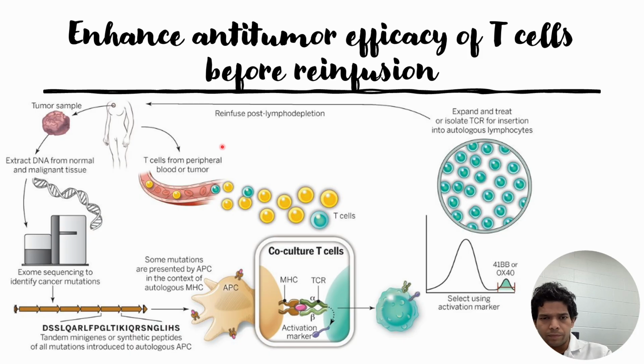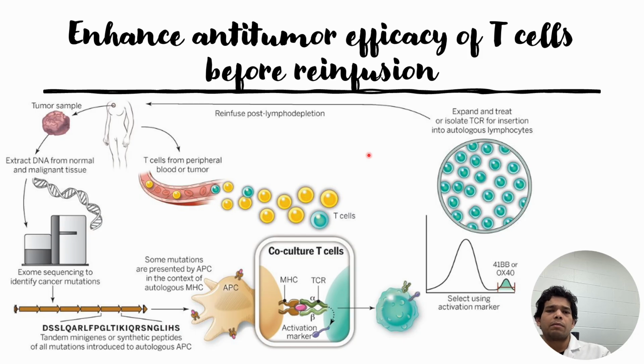So this is a blueprint that can be used to not only increase the efficacy of the anti-tumor response, but make it more specific or customized based on the patient, to target only those mutations that are present within the patient.